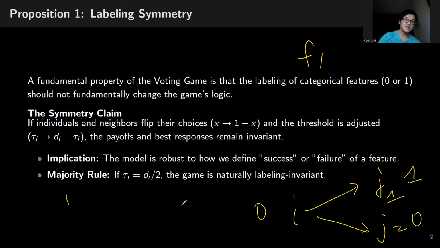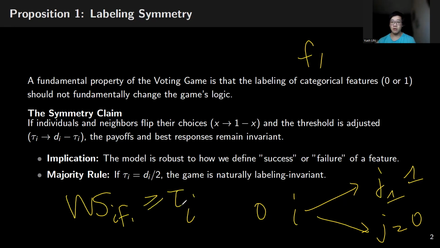We can calculate the weighted sum for individual I, a number calculated based on the choices of its neighbors. Whether it is greater than tau or not will affect the voted result, and we see whether the voted result matches the individual's result.